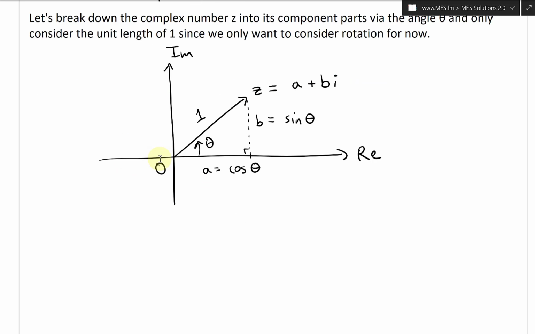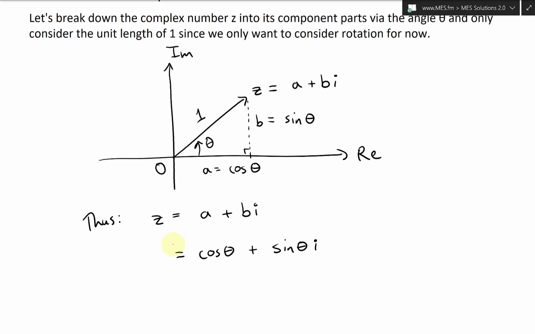So for this unit length complex number, Z is equal to A plus B I, which equals cosine theta plus sine theta times I. So we have Z like that, and box that in.